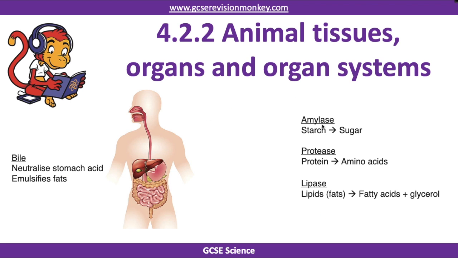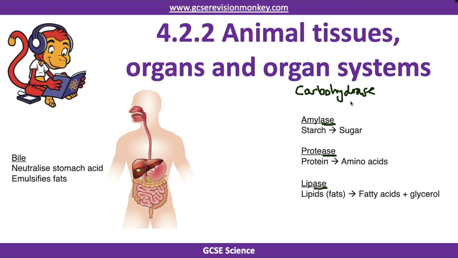All enzymes end in 'ase', so you can remember that if it's got 'ase' on the end, that's an enzyme. The three main ones that we're going to discuss are amylase, protease and lipase. Proteases and lipases are groups of enzymes, and amylase is a particular enzyme which actually belongs to the group carbohydrases.